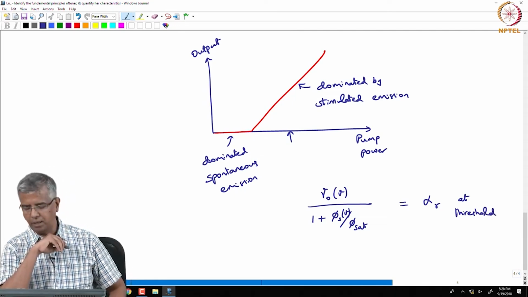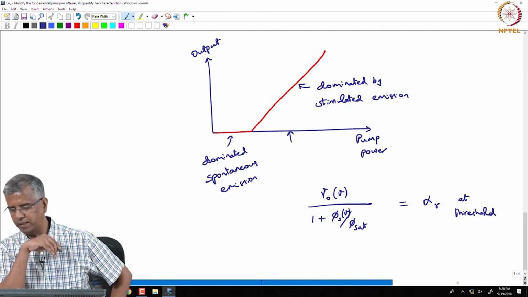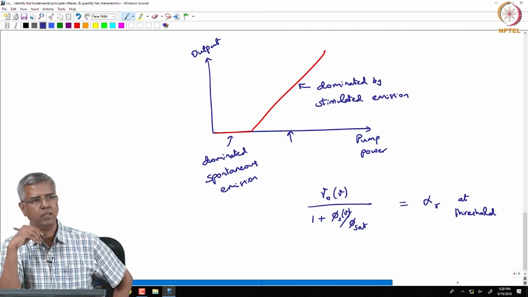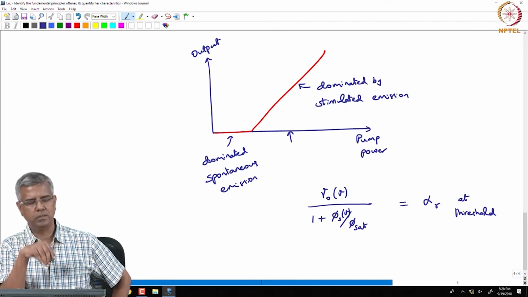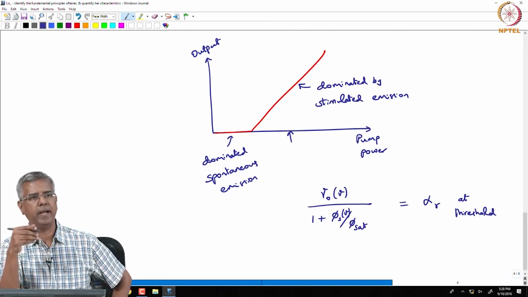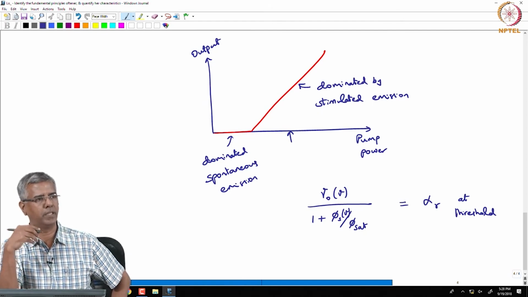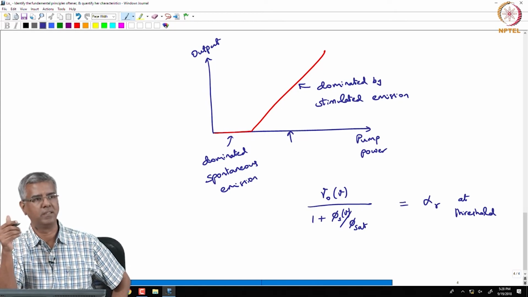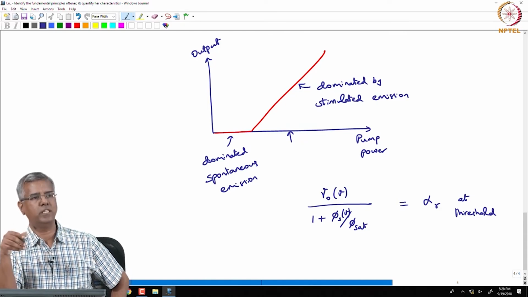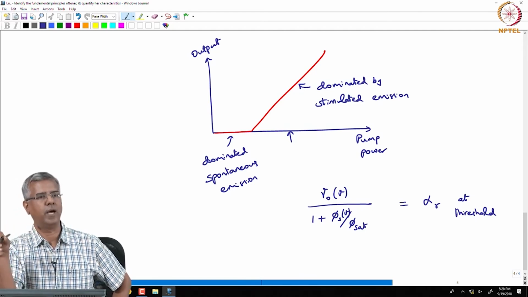Okay. And I say it has to be equal to alpha r at threshold, but in the picture that we showed, even though you are pumping at a higher rate, even though you actually have your small signal gain greater than alpha r, right, through the process of saturation, you are going to get eventually clamped at a point where your saturated gain is equal to alpha r.